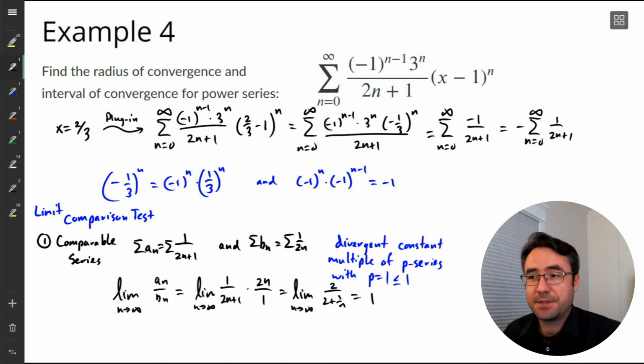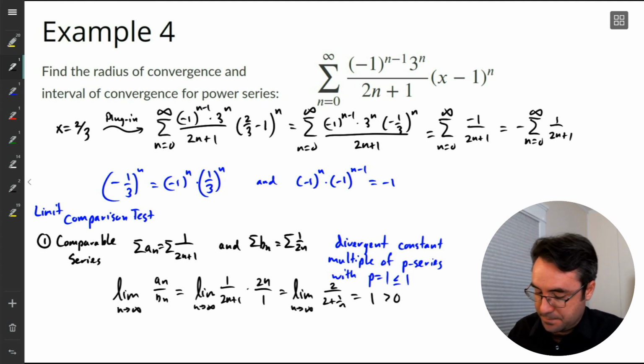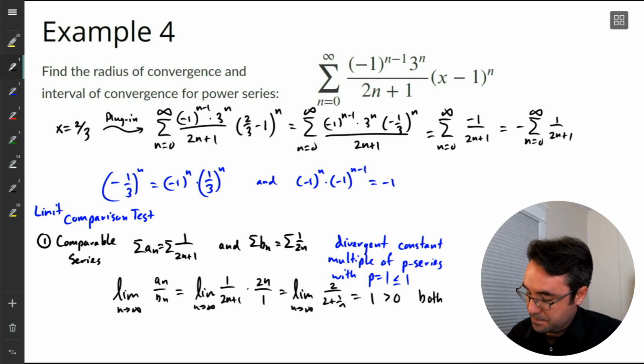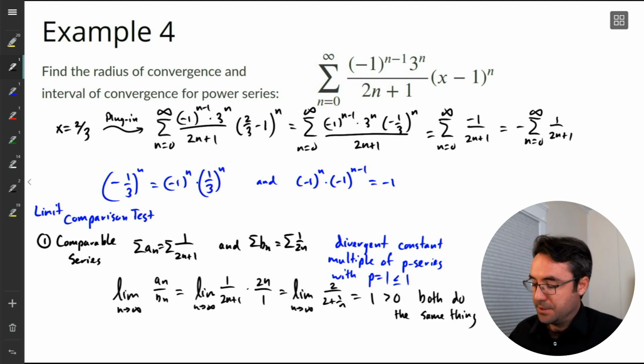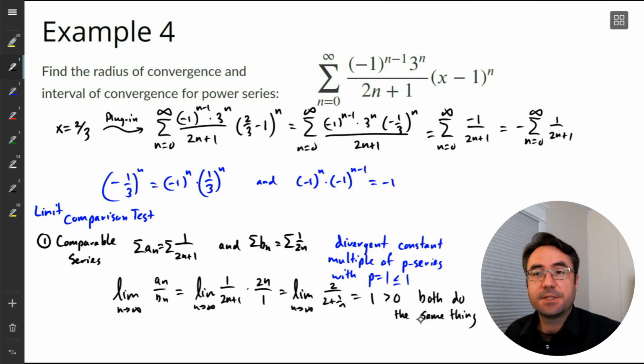And the fact that our limit comparison test limit is greater than 0 tells us that they both do the same thing. So that's what our limit comparison test says.